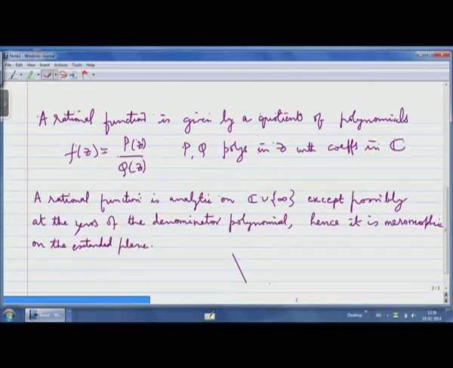So the theorem is that the converse holds.